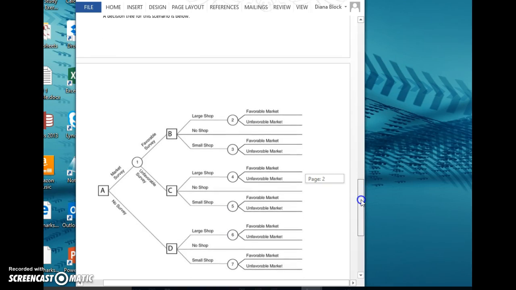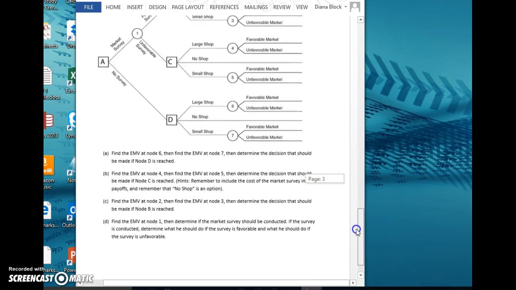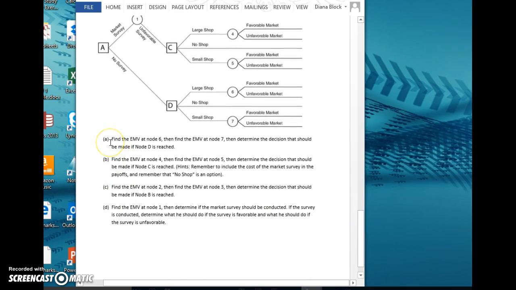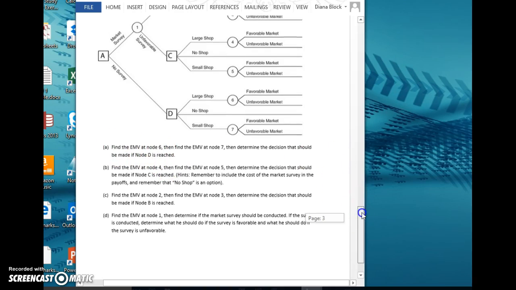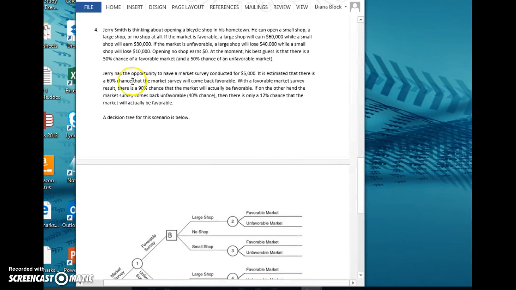So you're going to see this chart, the decision tree. And you see here the problems. They're just asking you to find the EMV at specific nodes. So this is going to be in an Excel format for you, but you're going to find the expected monetary values. Make sure you look in the paragraph and see what the chances are of the different types of markets.